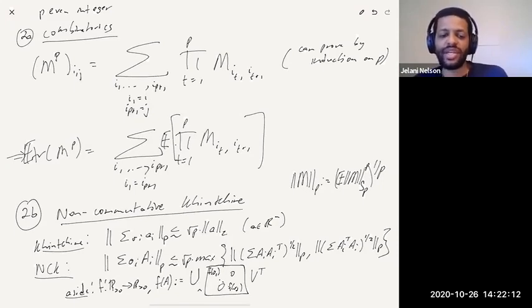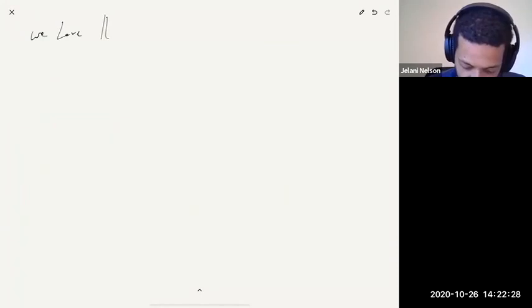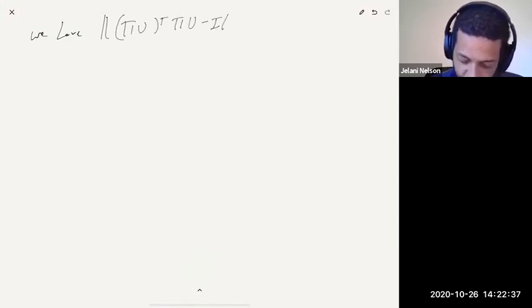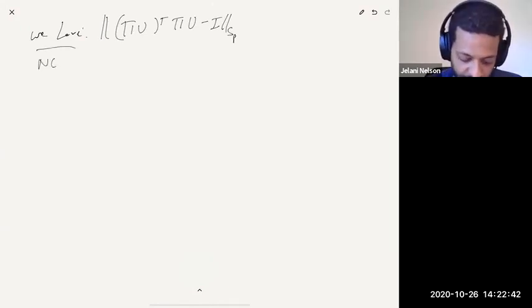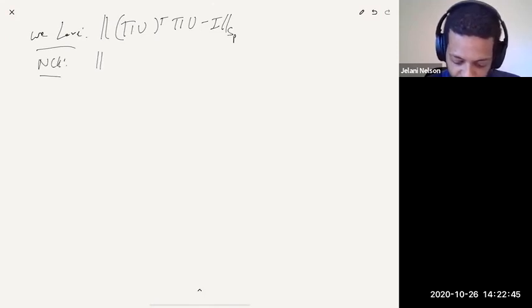So anyway, this non-commutative Khinchin has been proven, and it gives you something. You might look at this though and say, well, Jelani, this doesn't really look like our situation. We don't have a sum at all. We have pi u transpose pi u minus identity in the Schatten p norm. But non-commutative Khinchin is looking at things of the form the sum of sigma i A i in the Schatten p norm.